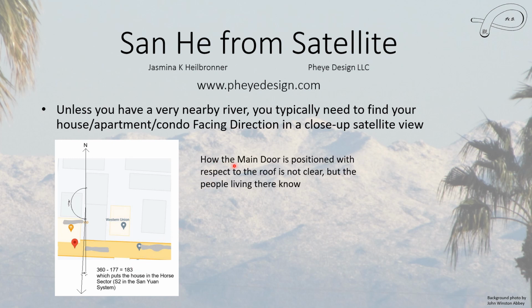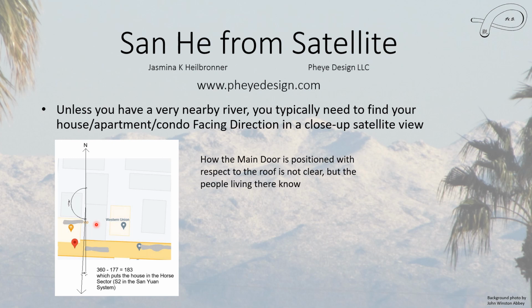It is actually the main door, how it is positioned with respect to the roof, that is not clear. And since I can't do a walkthrough here either, I really don't know what direction this door faces. But the people living there will know, so that'll be okay.